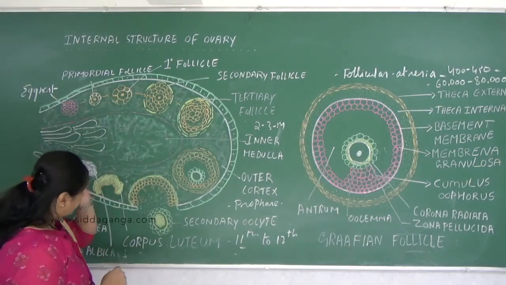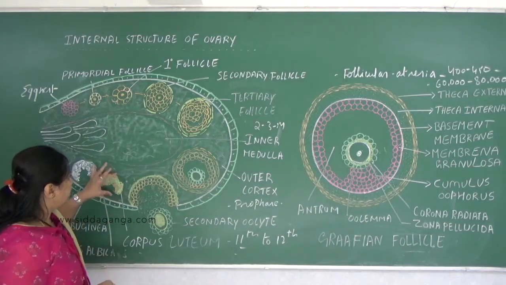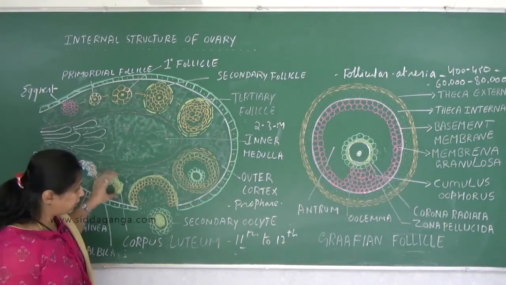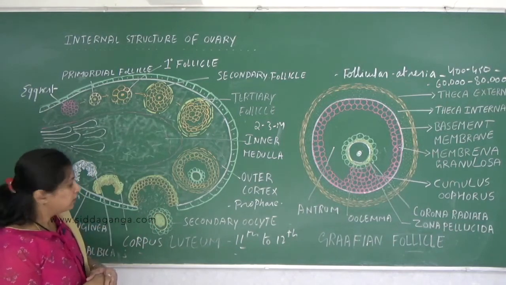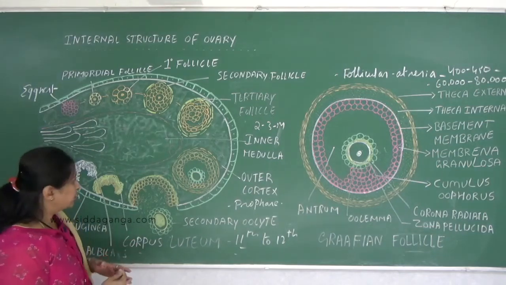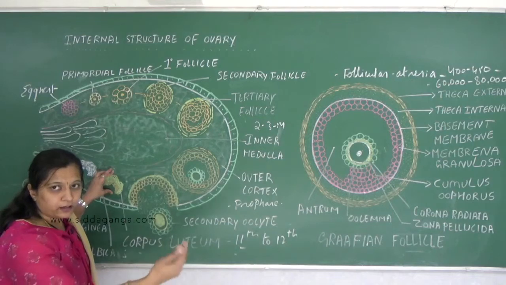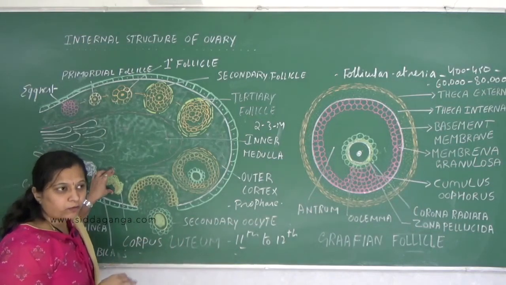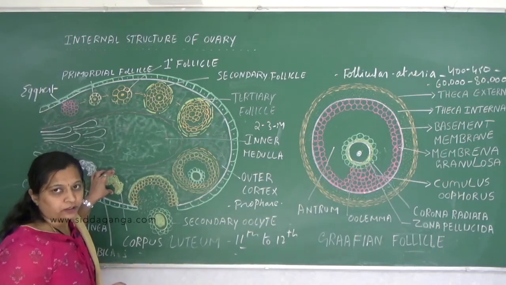Suppose fertilization occurs, and the secondary oocyte is fertilized, pregnancy results. If the pregnancy continues, the corpus luteum will continue to grow for another few months and secrete progesterone, which is necessary for the maintenance of the endometrium lining of the uterus.